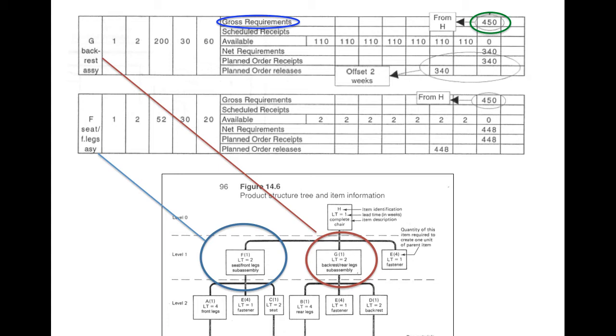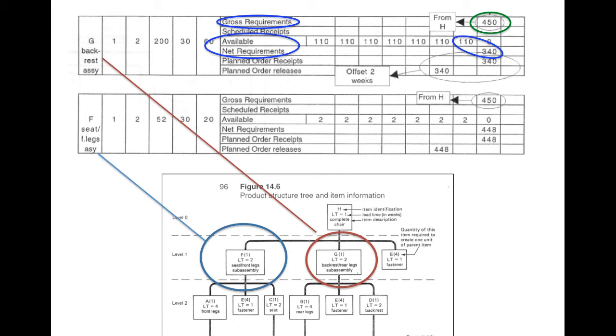So at the gross requirement level, that's going to aggregate, or sum, demand across all of the products that G will go into. In this case it's only one parent item, H, but it could have multiple parent items. So that row in the gross requirements could be quite large depending on how many different products this component goes into. All right, so the gross requirement is 450.